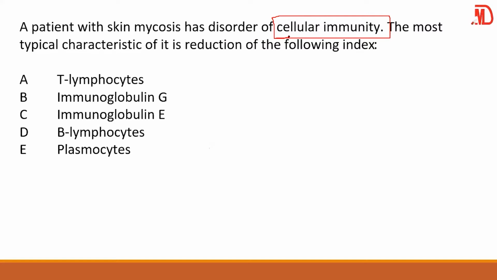So the typical characteristic of it is reduction of the following index, because they say the person has a disorder of cellular immunity. And cellular immunity is basically controlled by the T cells. So you're talking of T lymphocytes. All right.